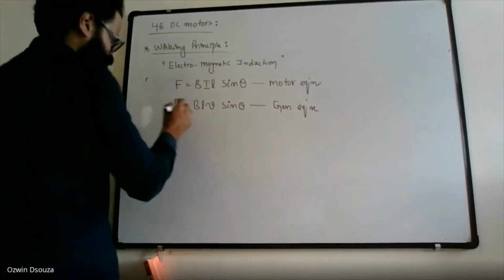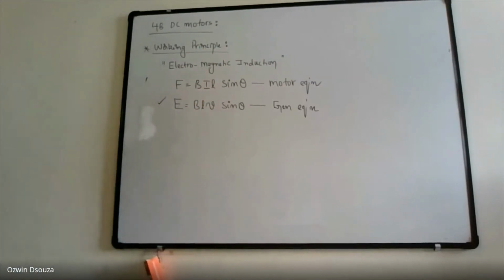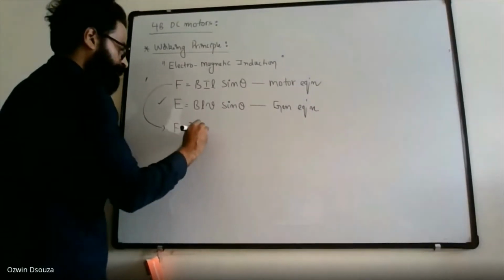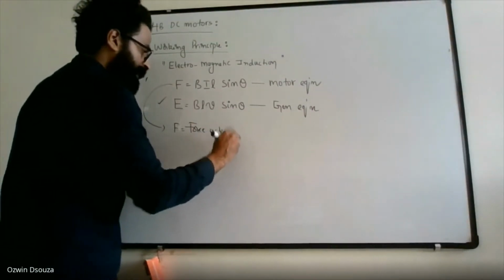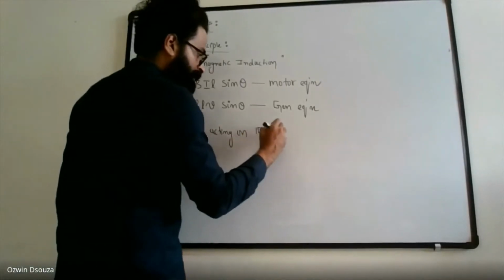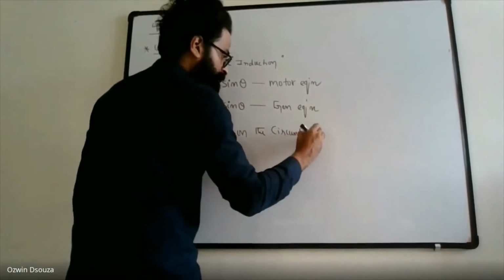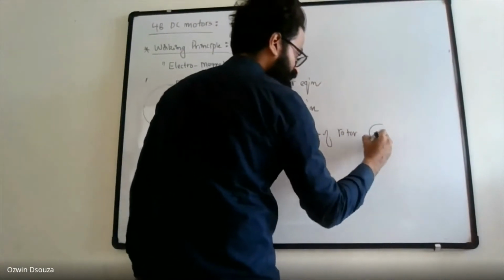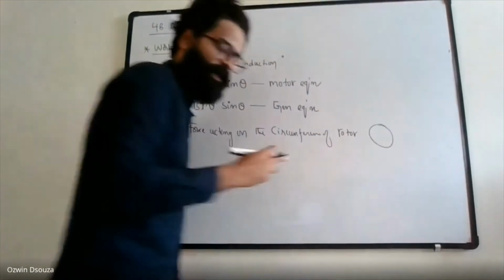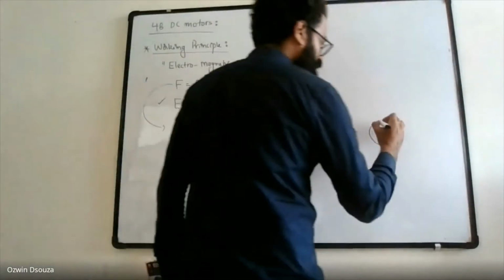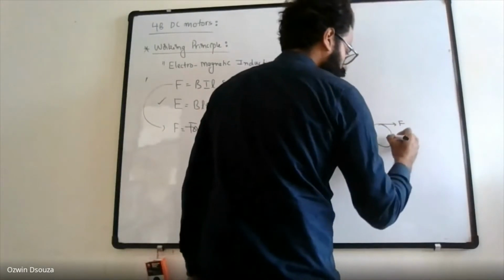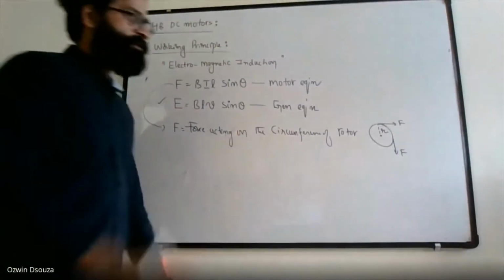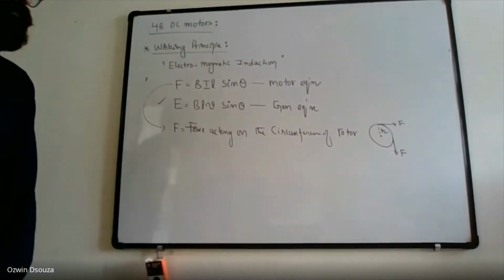Now, this we have already understood, so let's pay our attention to the motor, where F is the force acting on the circumference of the rotor. If this is your rotor, and the rotor is always circular, then the circumference is somewhere here, and this is the radius of the rotor.